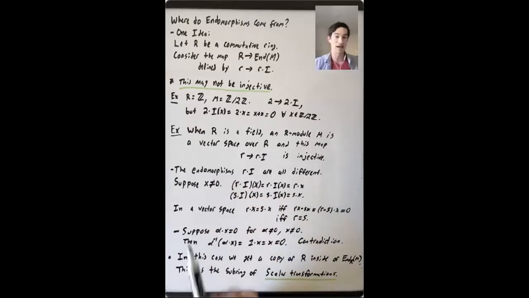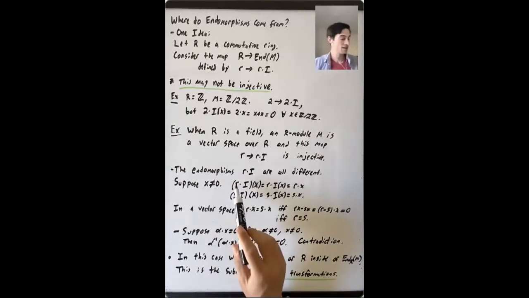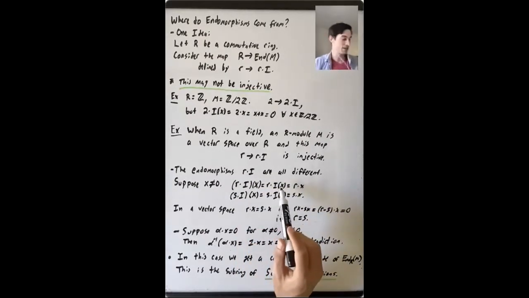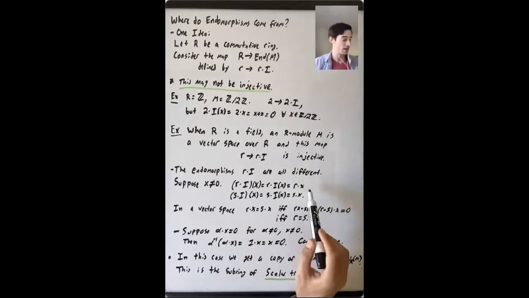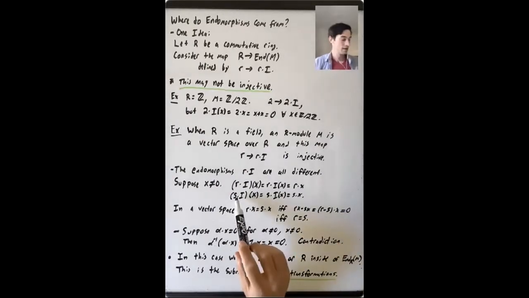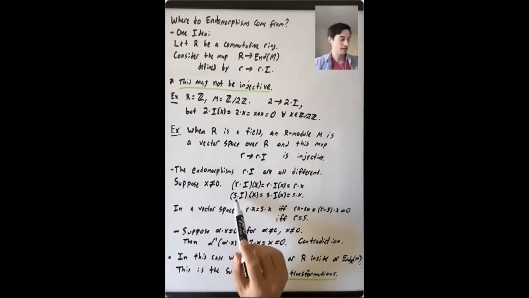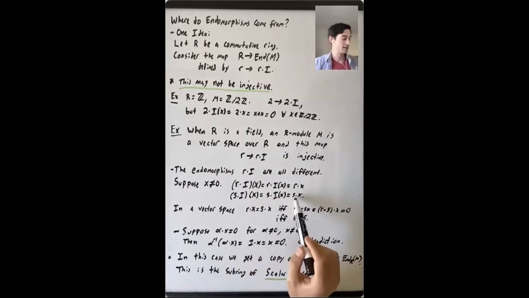So let's say x is not 0. What does r times the identity do to x? Well, just by definition, it sends it to (r times I)(x), which is just the scalar multiplication in this vector space, r times x, whatever that is, some vector. If you take a ring element s, where does s times I send x? It sends it to the scalar multiplication s times x.